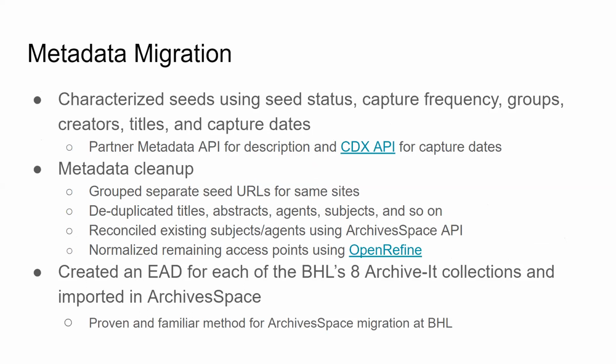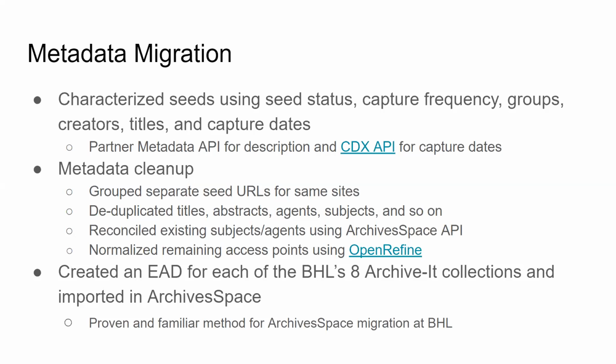Using that partner metadata API, I was able to characterize all of our seeds using some combination of the seed status, how often we were capturing it, any groups we had associated with it, names of creators, titles, and capture dates, to figure out which seeds corresponded to the same URL, which one was maybe the current seed URL, which were some historical URLs. Most of that information was available via the partner metadata API, and then that Wayback API, or the CDX API that Lori also mentioned, was used to find capture dates.